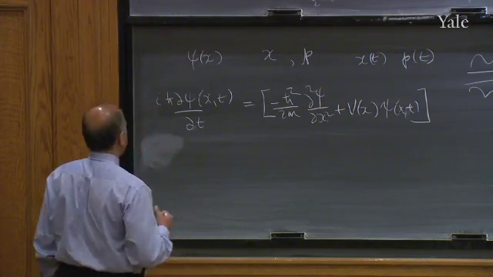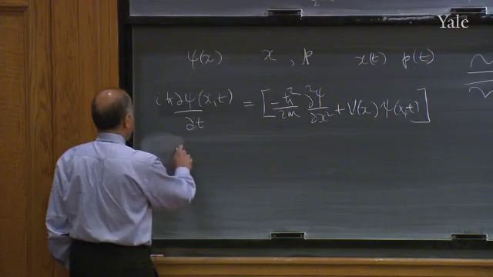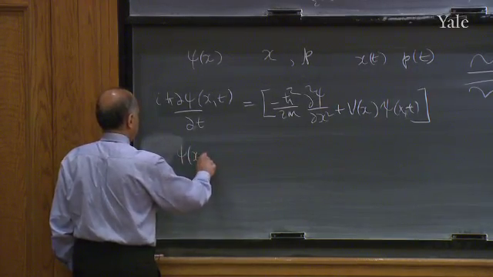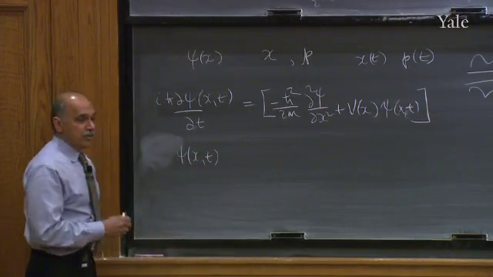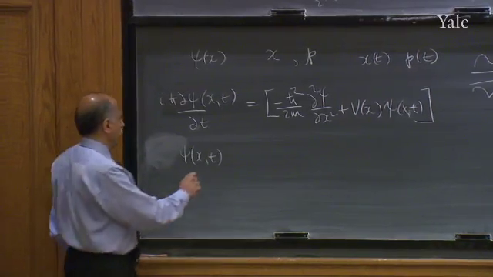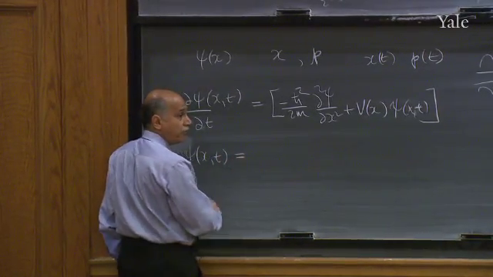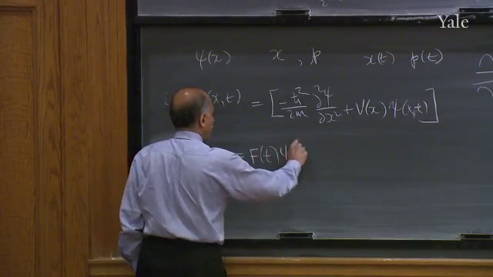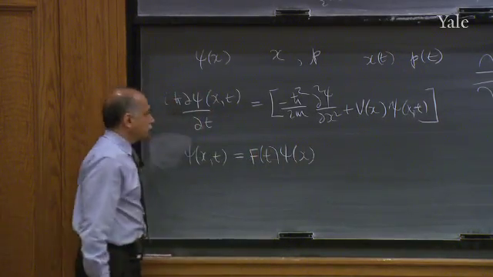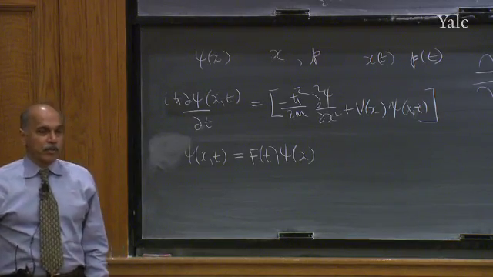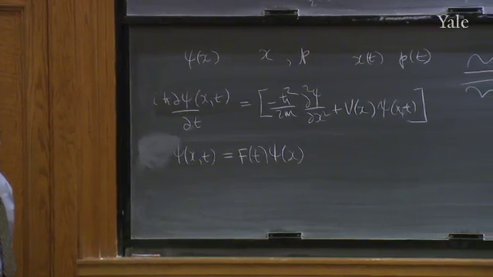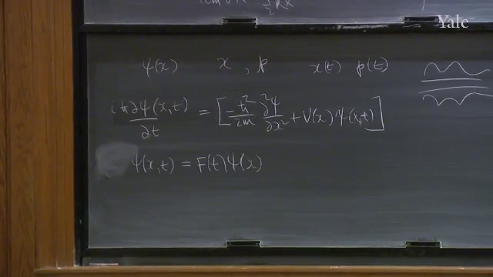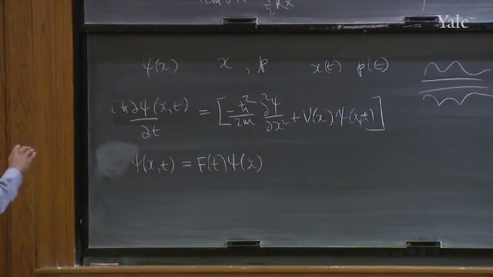You say, let me find a special case where psi of x and t, which depends on x and on t, has the following simple form. It's a function of t alone times a function of x alone. Okay? I want you to know that no one tells you that every solution to the equation has this form.